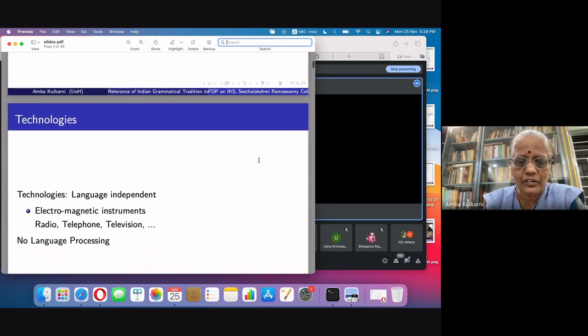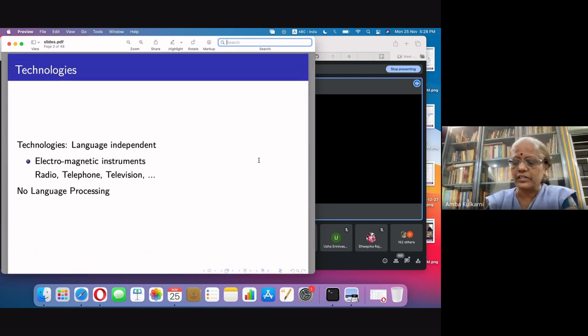First, let me talk a little about technologies. There are technologies which are language independent. Like the electromagnetic instruments such as radio, telephone, television, where we use language and we record something, and irrespective of the language in which we are speaking, it goes across the media and the person at the other end is able to understand it.